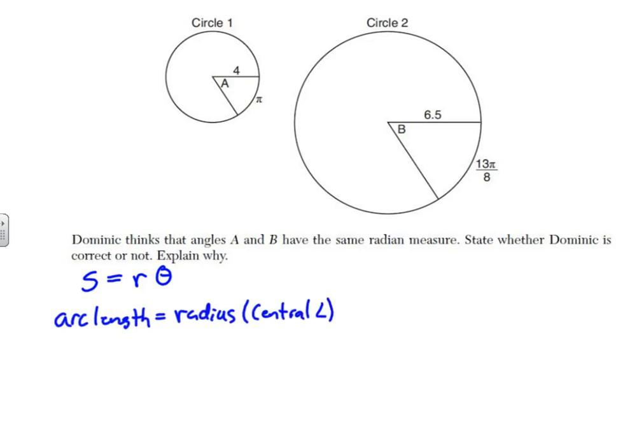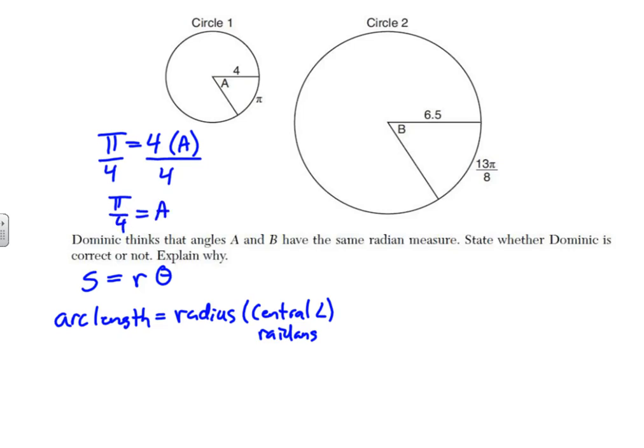And the key is that this is in radians. All right, so angle A and angle B then. So S is pi equals 4 times A. So if we're going to solve that for A, we would just divide by 4. So pi over 4 equals A in this one.